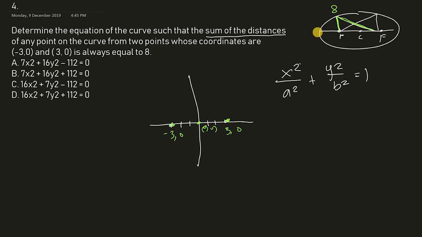And remember, the sum of the distances is always equal to 2A. 2A is equal to 8. Basically, A would be equal to 4. Again, I want to emphasize, when you add these two distances, the sum is always equal to 2A. And we know that A is from the center to the vertex.